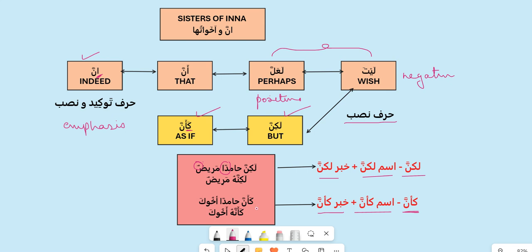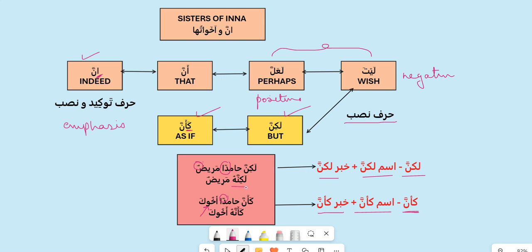Ka'anna hamidan ahuka. Ahu by the waw. This is from the special five nouns, Asmaul khamsa. Ahuka. So this is in marfu case because khabar ka'anna is in marfu case. Ka'annahu. So I have given another example with the damir, as you can see here.